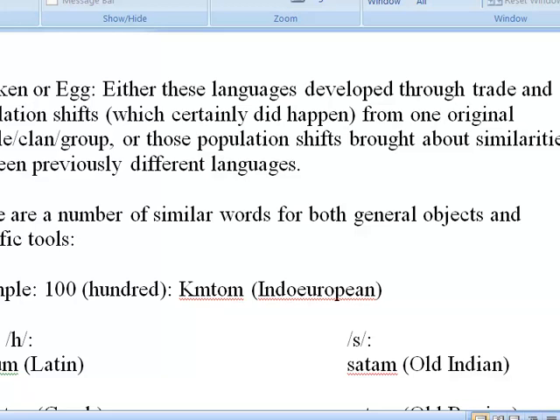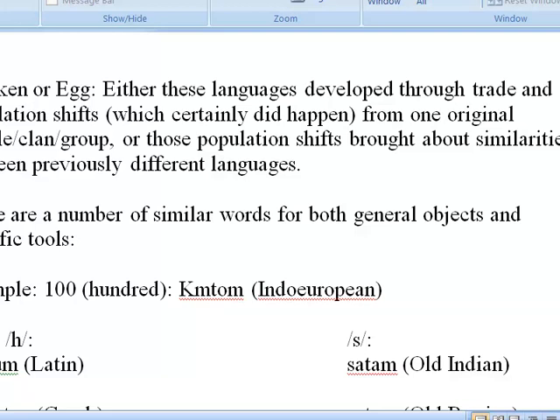Or it could be that there were lots of different languages, and that all the population shifts and trade and stuff like that brought about similarities between the languages. So it's really difficult to tell, almost impossible to know for sure.